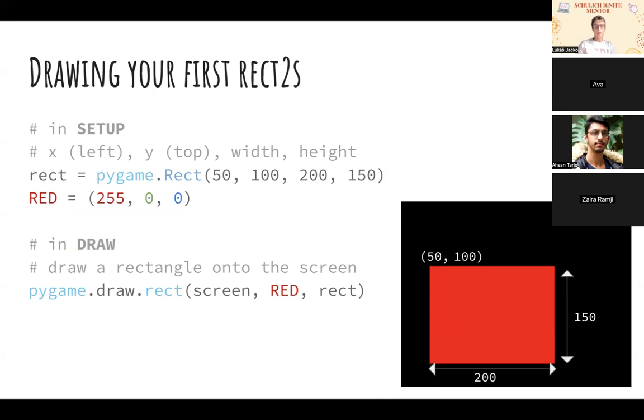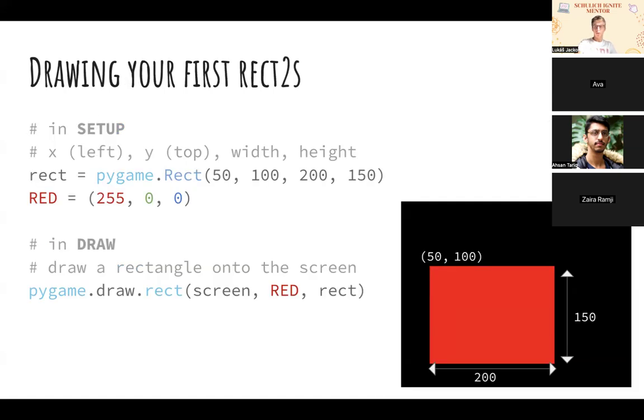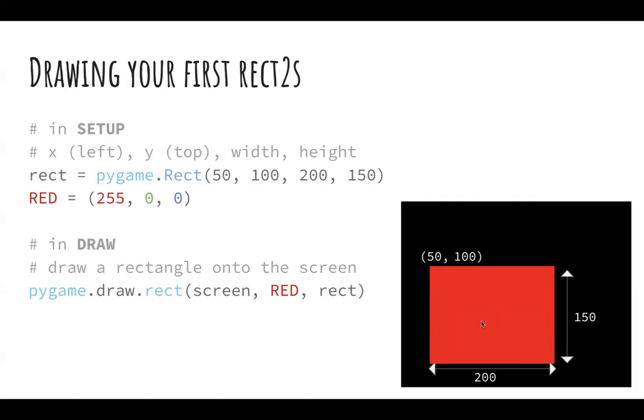So in this case, our Pygame rectangle is placed at the coordinates 50, 100 with a width of 200 and height of 150.